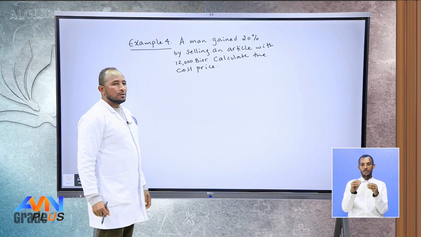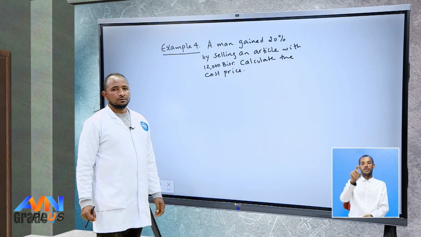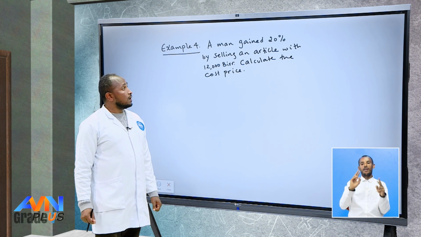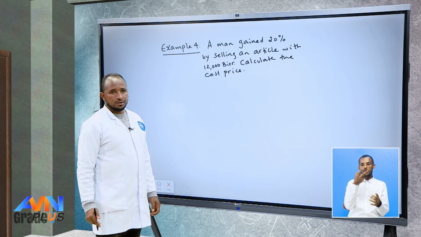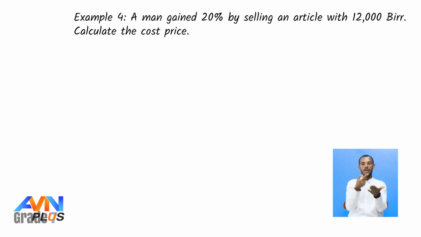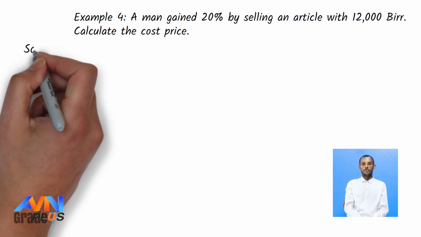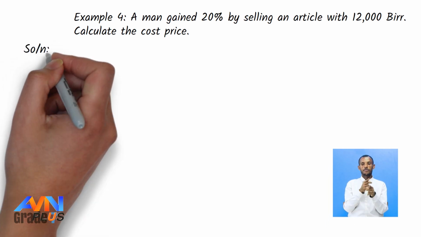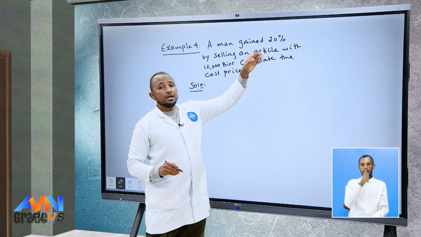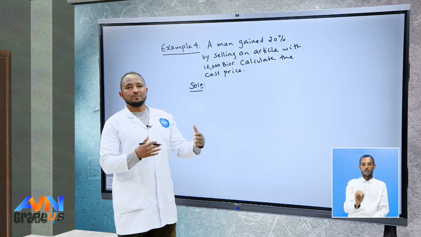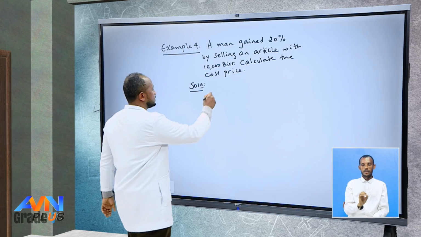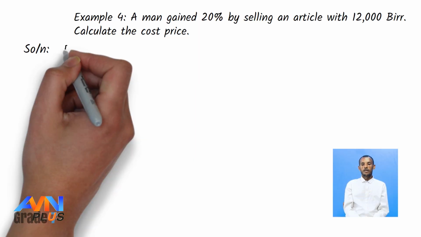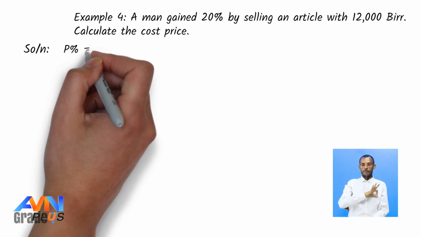Students, have you tried the question? Very nice. Now we'll see the answer together. Here a man gained 20%, so his profit percent is given here. The profit percent is this 20%.